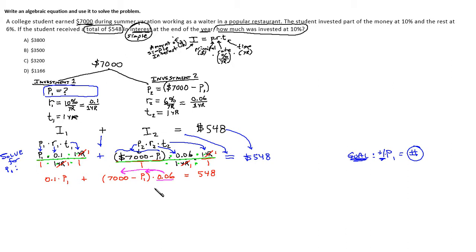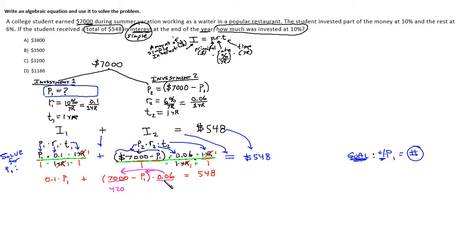And I'm going to go to the calculator, make sure that I execute this multiplication correctly. 7,000 times 0.06 equals 420. So this term times 0.06 is 420.